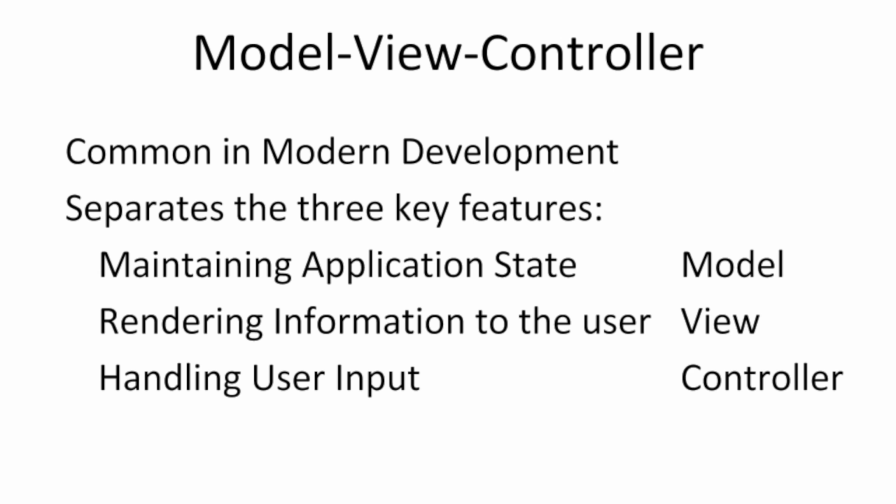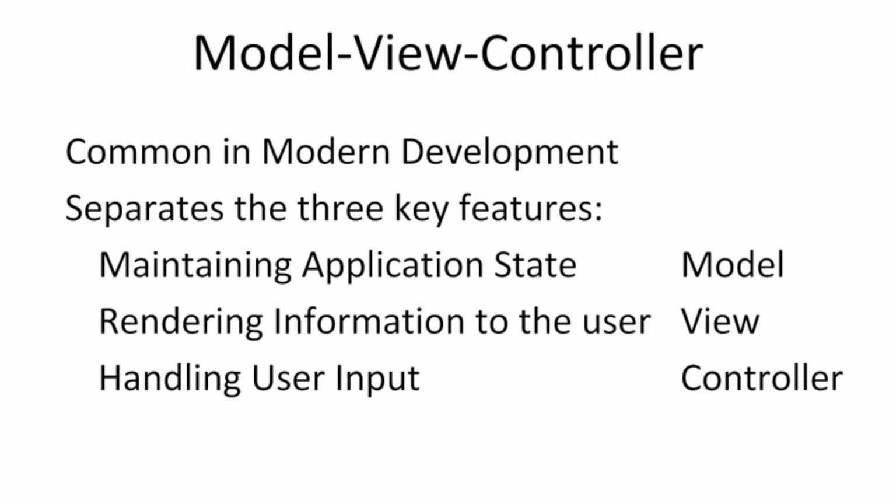Now, model view controller development is really common nowadays in software development. Unless you're working with really antiquated tools, the chances are you're going to have to use it in your process. And the idea is it separates your design into three parts. The model controls the application state, the actual data to do with the application, the way things fit together.